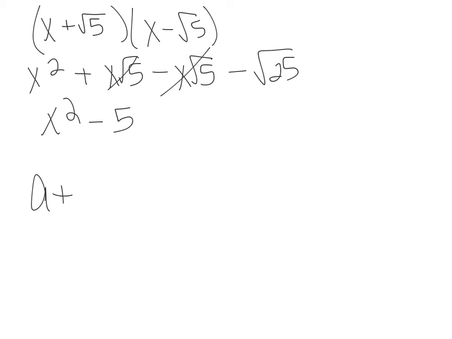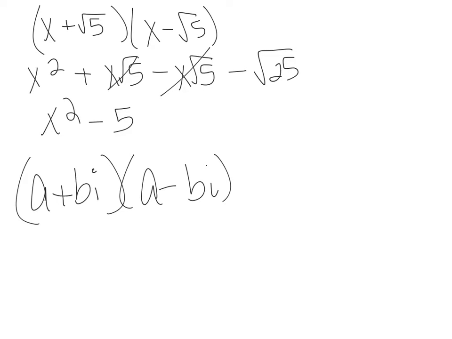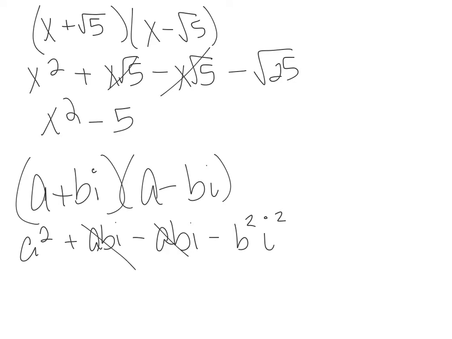You can do that with a plus bi also. The conjugate is a minus bi, because if I FOILed it, let's just have a little fun, a squared plus abi minus abi minus b squared i squared. Middles cancel out. I'm left with a squared plus b squared, because i squared is -1.